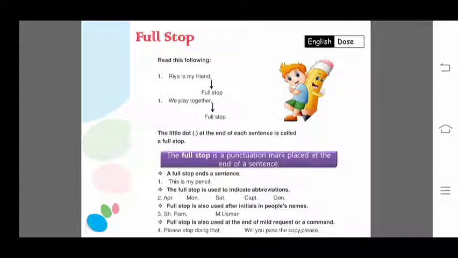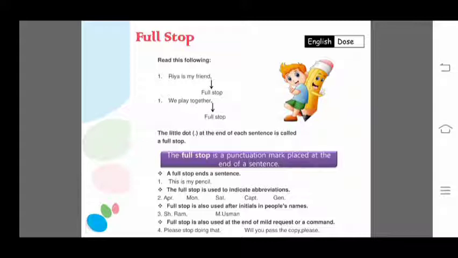We use a full stop to end a sentence. Read the example. This is my pencil. So here the sentence is over. To end the sentence, we use a full stop. Full stop shows the end of a sentence.